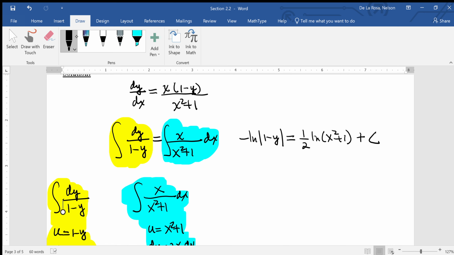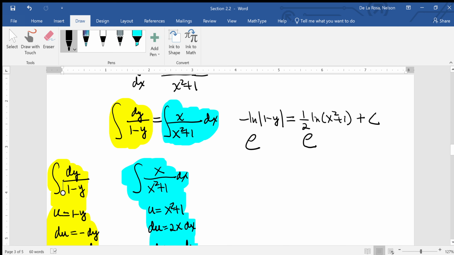Well, if we exponentiate both sides, we have (1 minus y) to the -1, assuming that the absolute value is positive, equals (x squared plus 1) to the 1/2 times e to the c.